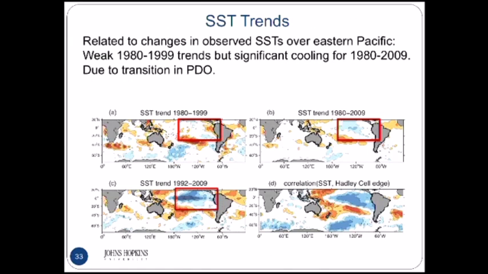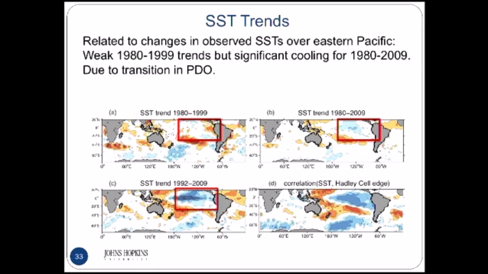So this is a model result. The bottom plot here is saying if you correlate the Hadley cell edge with the SSTs and the variability in that just from the long runs, you get a pattern like this, saying that the Hadley cell edge is, I guess this is a poleward expansion, when it's warm here and cool either side.